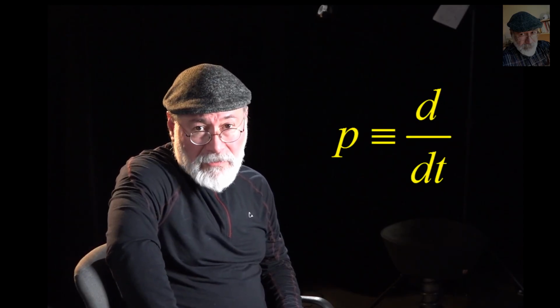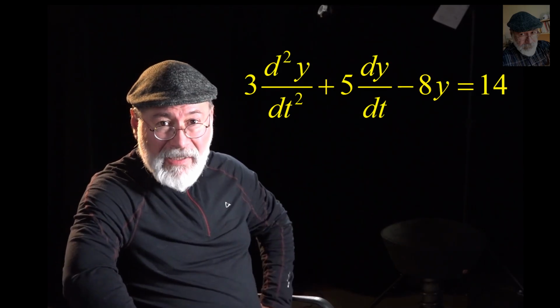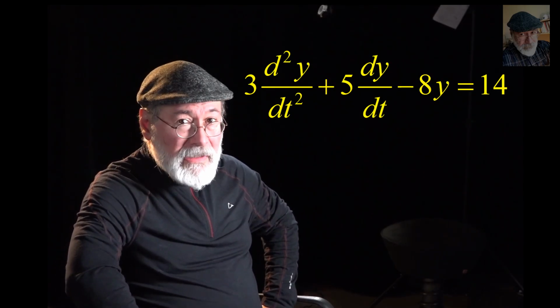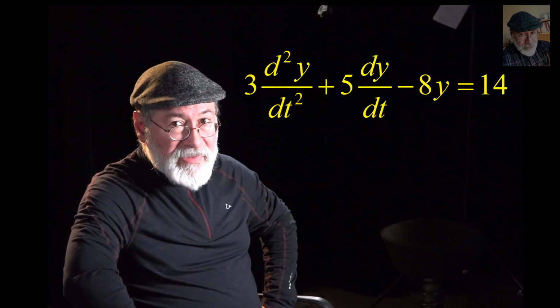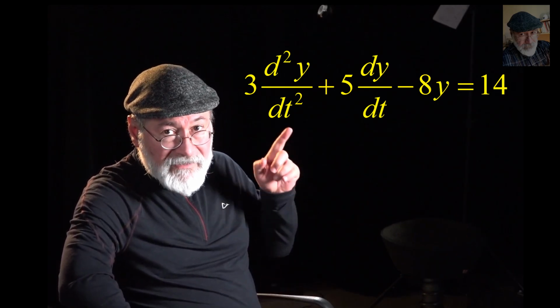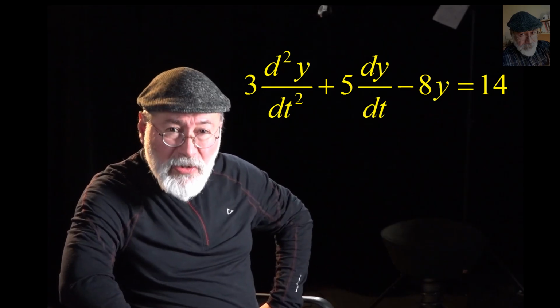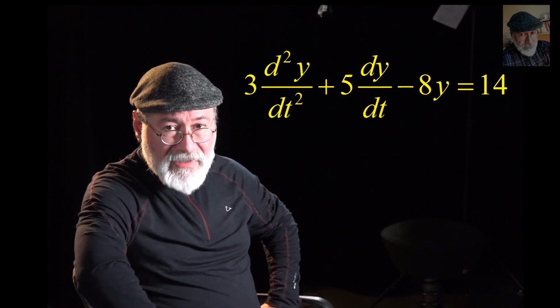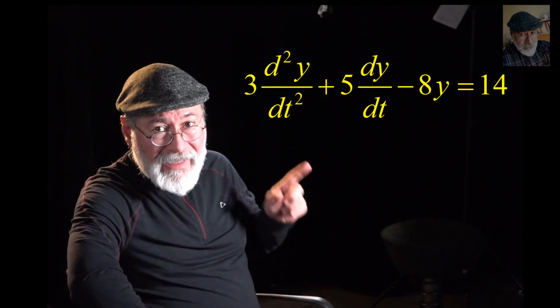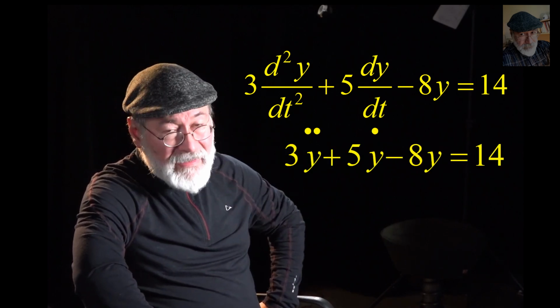You and I have grown used to seeing differential equations like this one. In there, we are using Leibniz notation to represent the differentiation of the function of time y. But using Newton's notation, the same differential equation would look rather like this. It's the same equation.